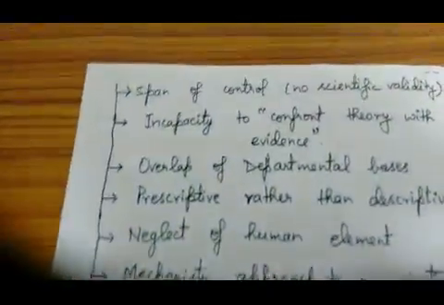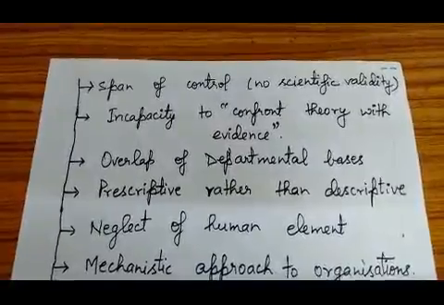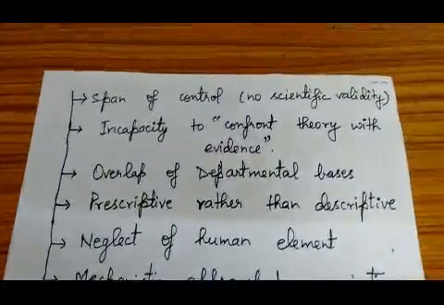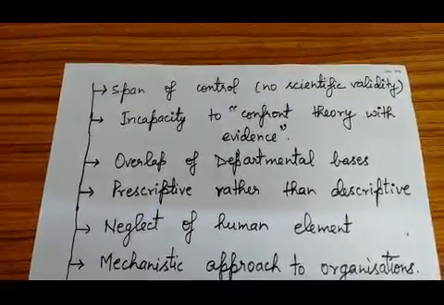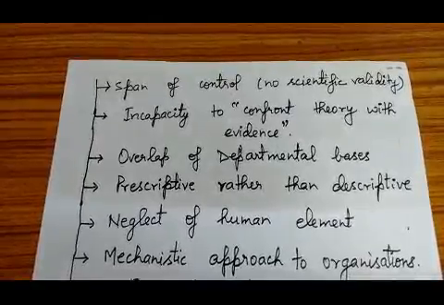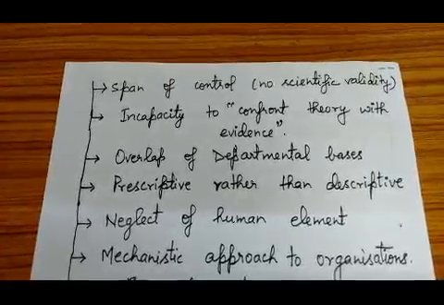Okay, then the last page. You have to understand the criticism, because these are the main points which you have to write. Span of control has no scientific validity. We have already talked about this, that it depends on the particular situation and type of work. Then incapacity to confront theory with evidence.